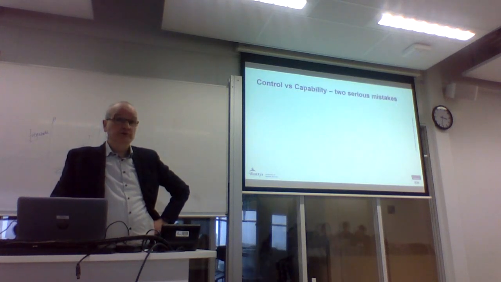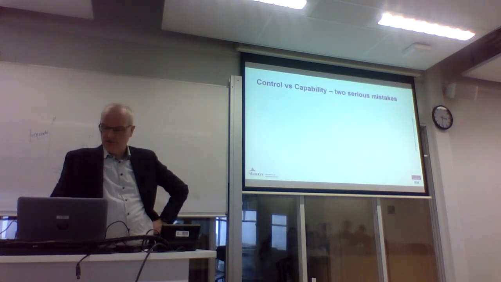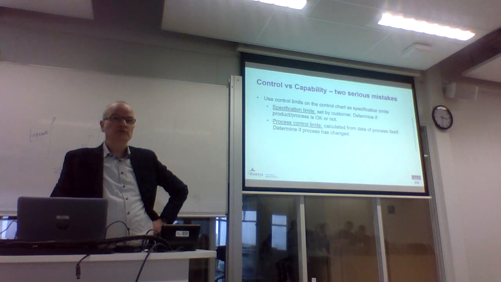I want to warn you. I think I explained it, and I think you got it, I hope. But this is really crucial. Don't mix up the control limits, UCL and LCL, with the specification limits, LSL and USL. Specification limits are for the customer.